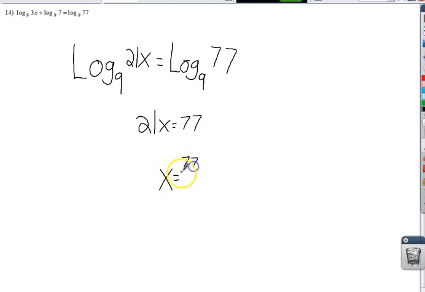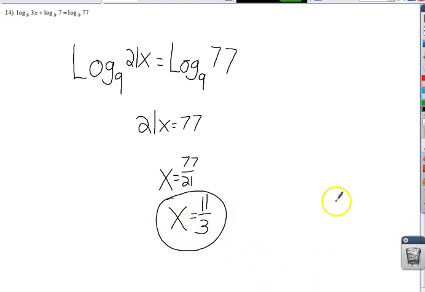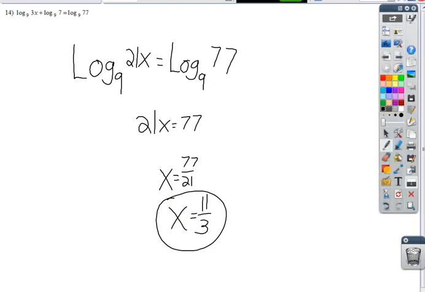So I get 77 over 21, which reduces down to 11 over 3, dividing both by 7. Moving on up in the world.